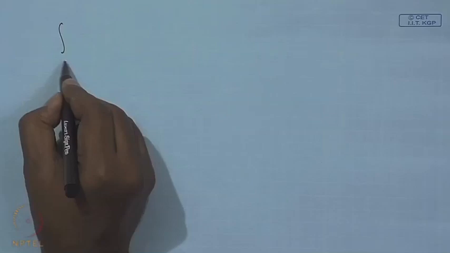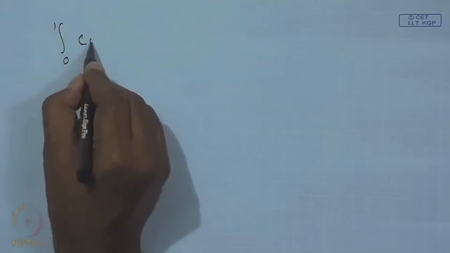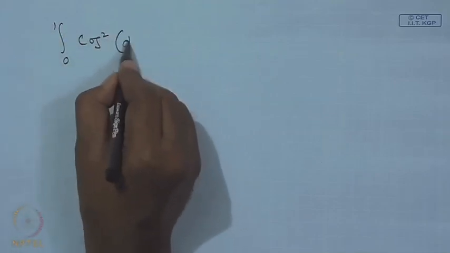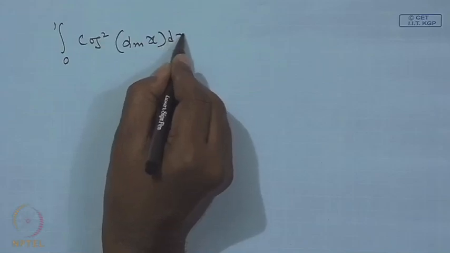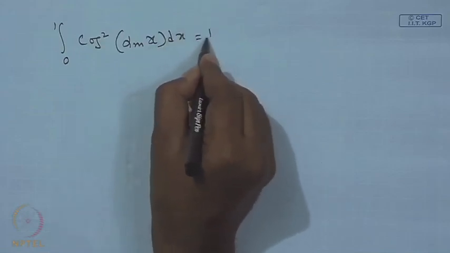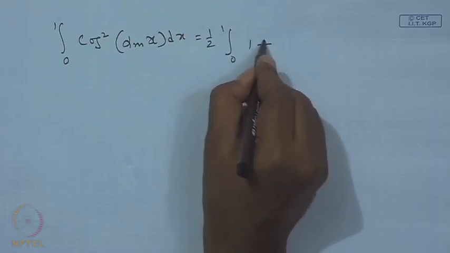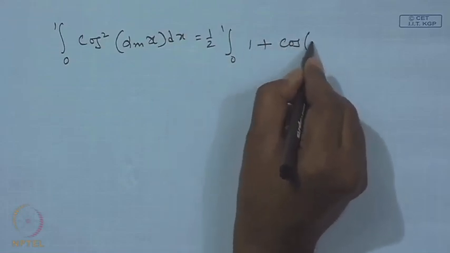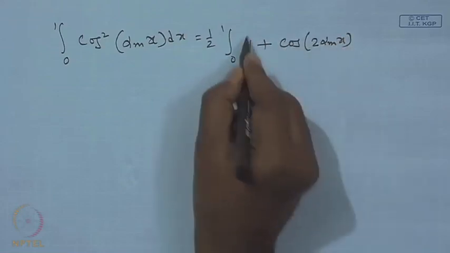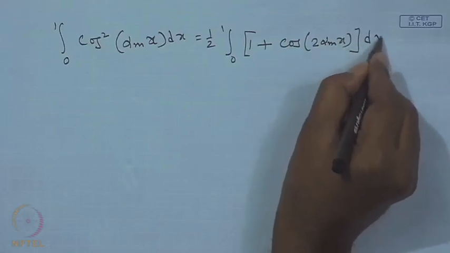So, if you do that, what you will be getting is that the integral from 0 to 1 of cos square alpha m x dx is nothing but half, integral 0 to 1 of 1 plus cosine 2 alpha m x dx.